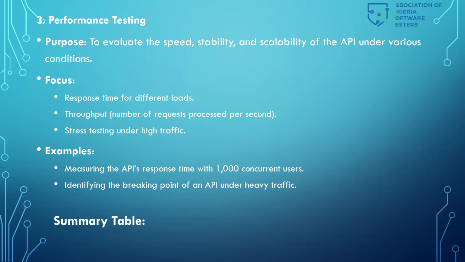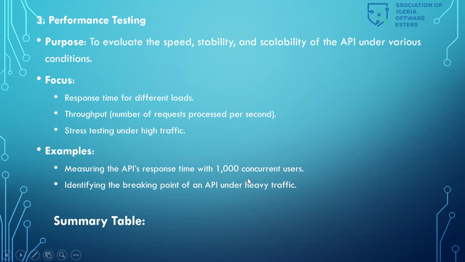So if you are loading for 5,000, 10,000 users, or maybe you are loading the system with users. Then the throughput, the number of requests processed per second, like I said, then stress tests under high traffic. That's when you're trying to load many users on that.